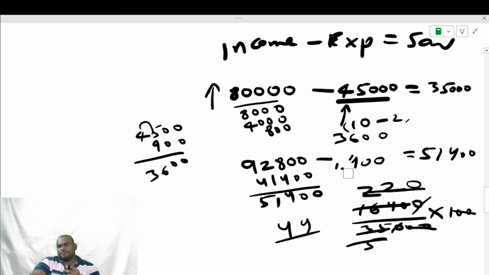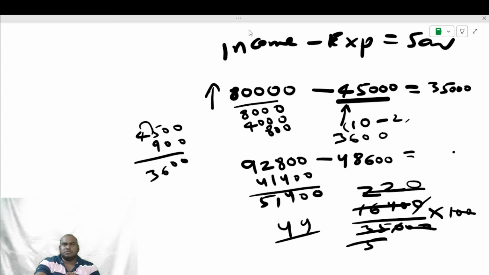3,645, 48,600. Subtract 92,800 minus 48,600.